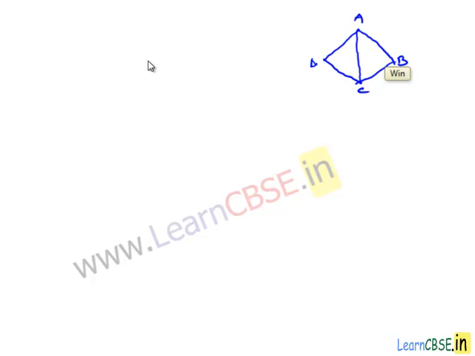Here in both these triangles, DA is equal to AB, as all sides in the rhombus will be equal, and DC or CD can be equated to BC, and here AC is a common side for both the triangles.